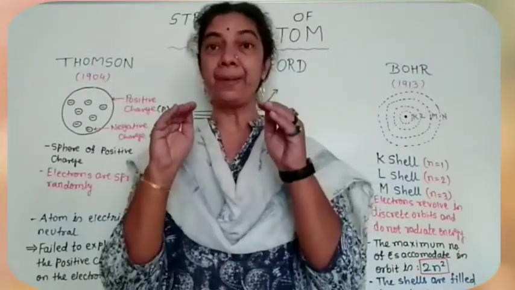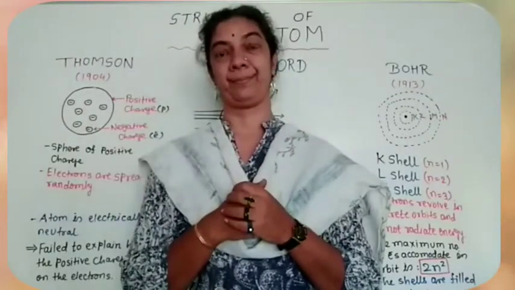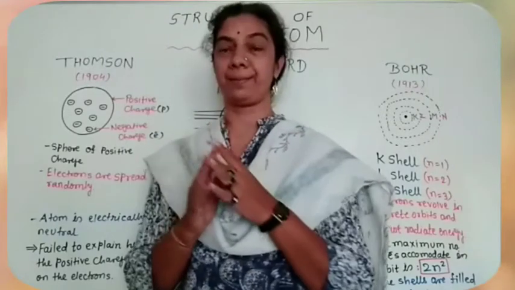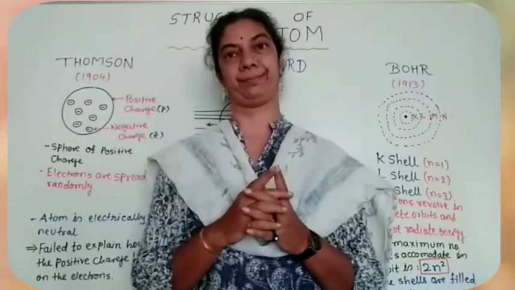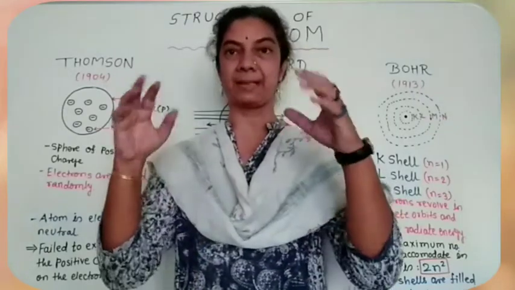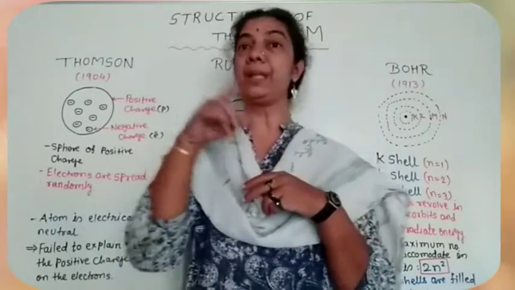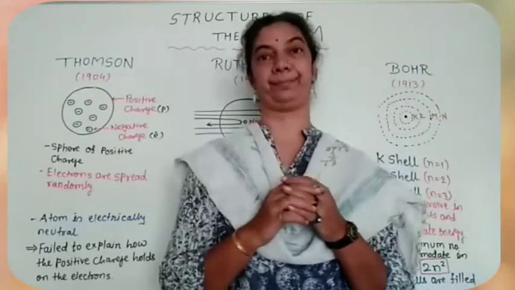It is empty from the inside. Most of the rays passed, and very few were deflected. That means something is scattered inside the atom, or something is revolving inside the atom.